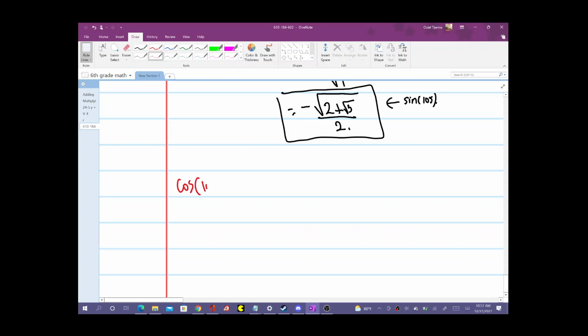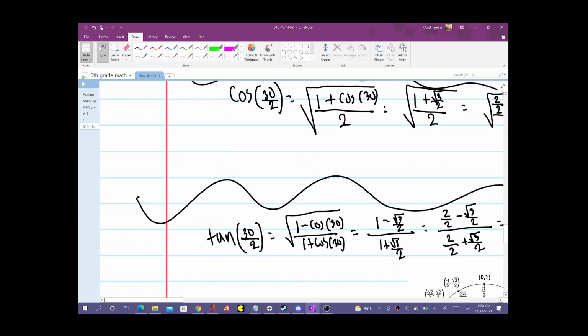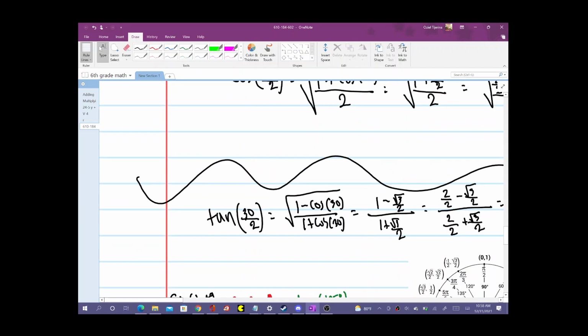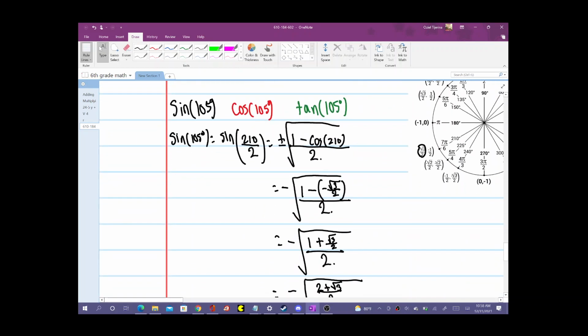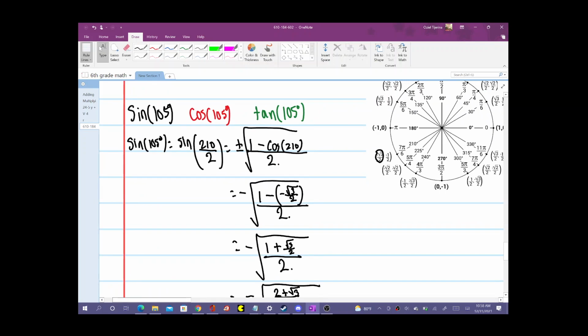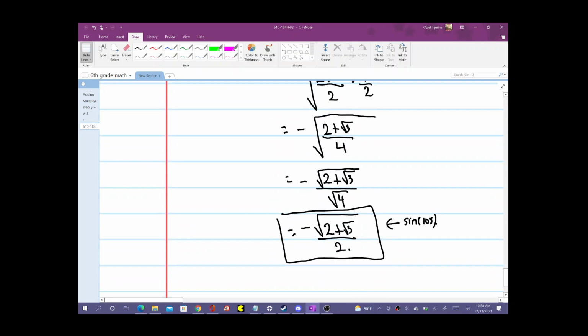Cosine of 105 is equal to cosine of 210 over 2. If we look back at our formula, we know that cosine in quadrant 3 is negative, so it's going to be negative.